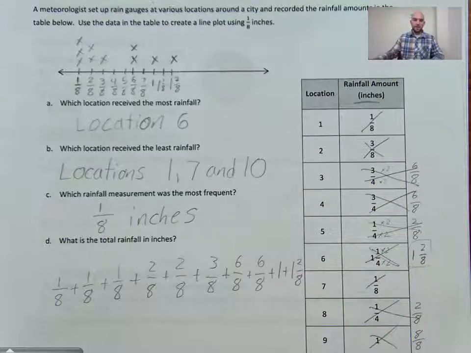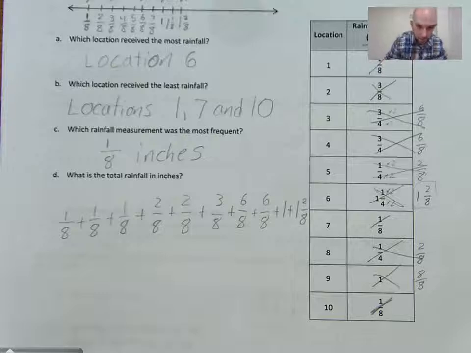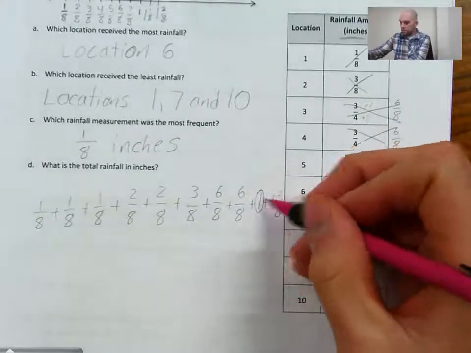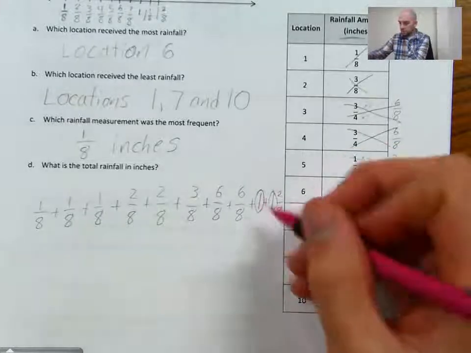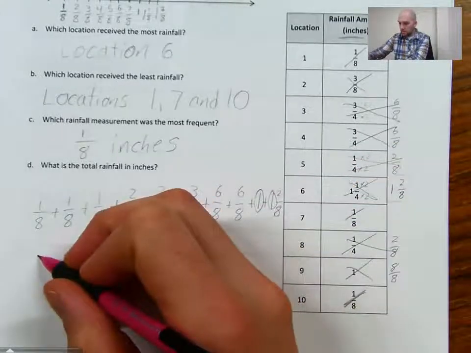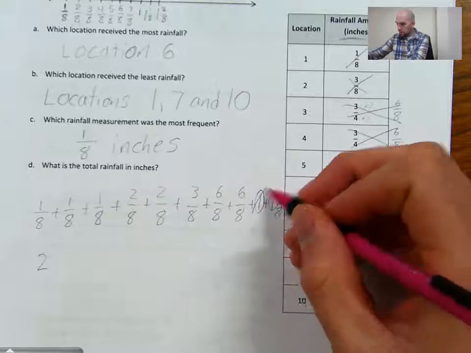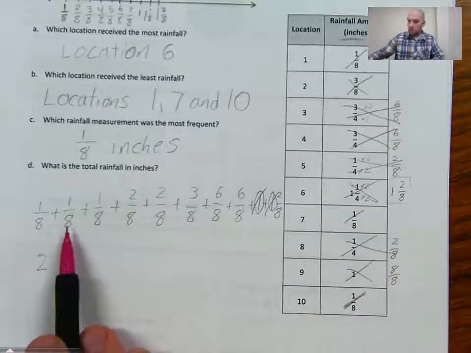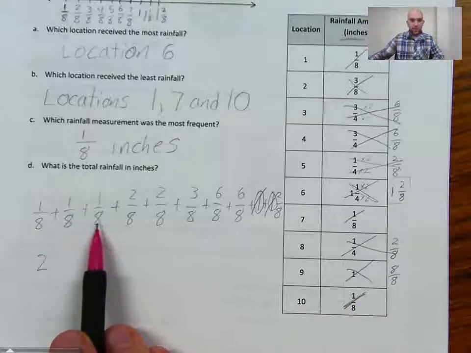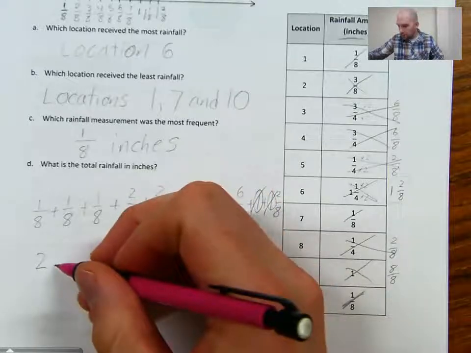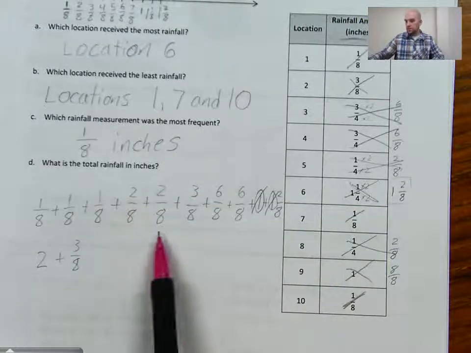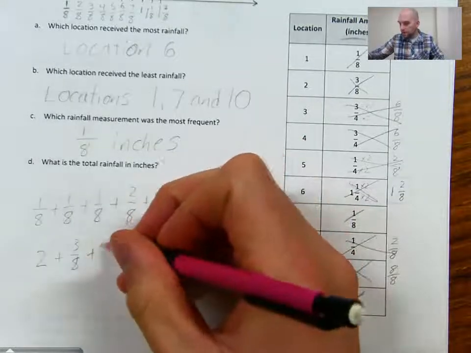All right, so I have a lot of numbers here I have to add up, but I have two whole numbers here. I'll add those first. So I'm going to end up with 2. And then I have 1/8 plus 1/8 plus 1/8. That's 3/8. 2/8 plus 2/8 is 4/8.